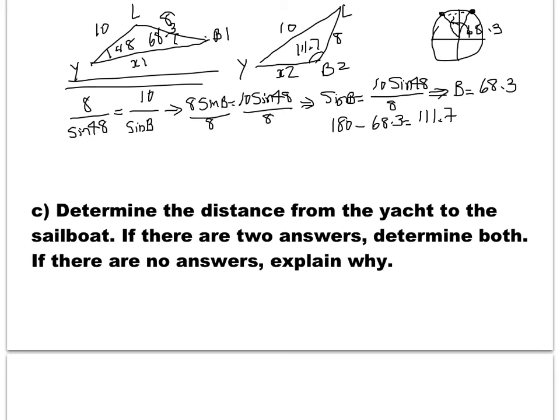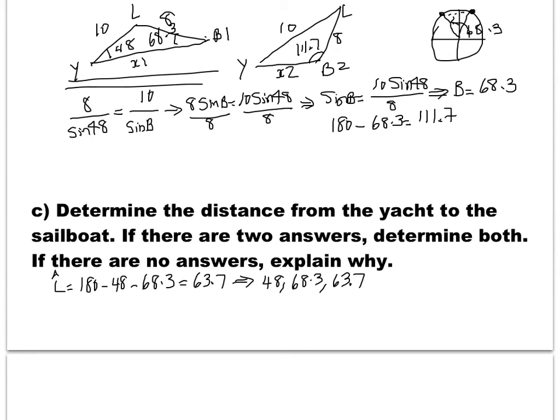But in the first triangle, angle A is equal to 180 minus 48 minus 68.3, which is going to be 63.7. So our triangle, the interior angles are 48, 68.3, and 63.7.